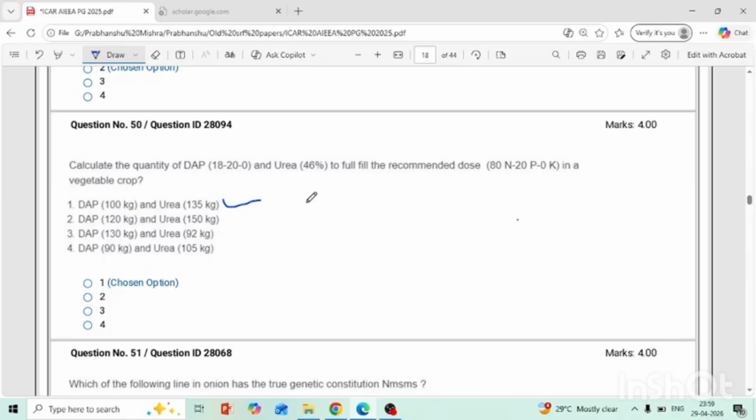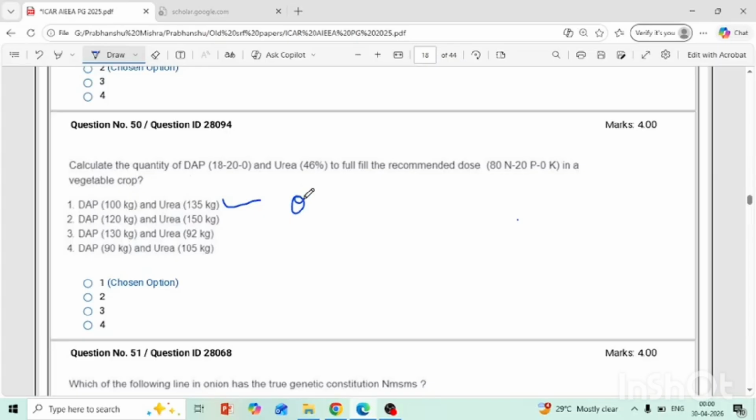Means if you want nitrogen from urea, then the quantity of urea required is the required nitrogen divided by the nitrogen present in urea, into 100. This is the basic formula for the calculation. So let's start. First we calculate the DAP.